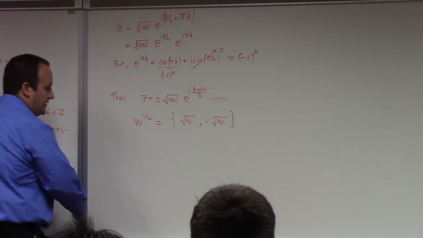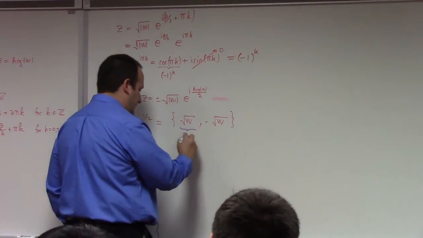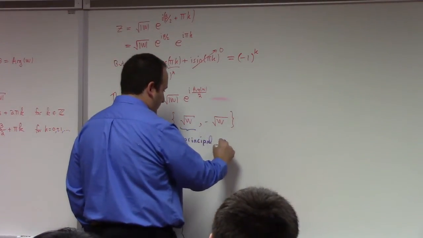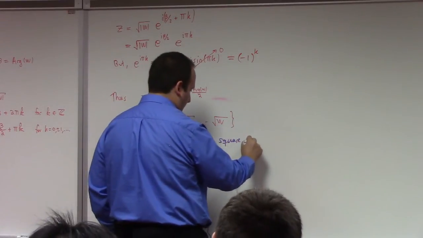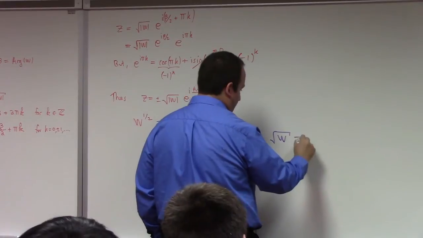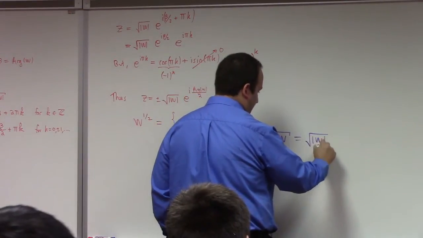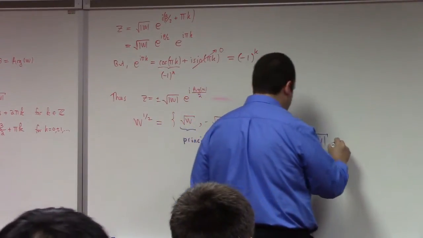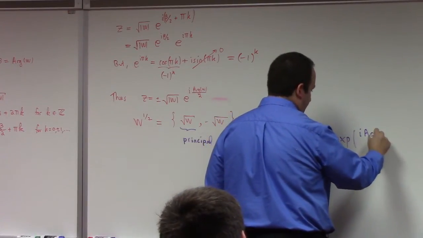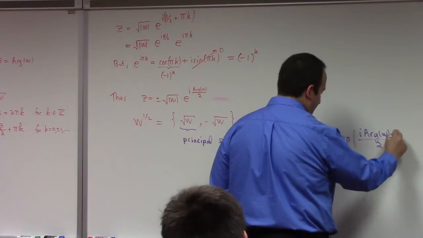There's something hidden here. This is by definition the principal square root. So the square root of W is actually the square root of the modulus of W, an honest to goodness plain old garden variety square root, and then exponential of i arg of W divided by 2.